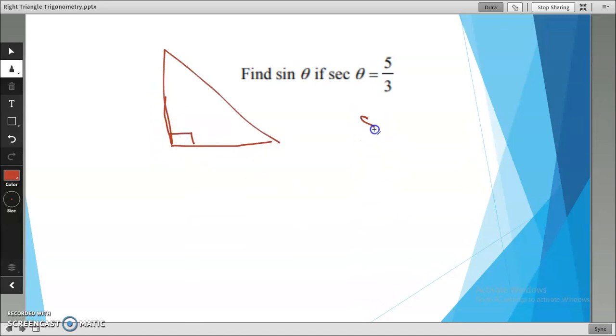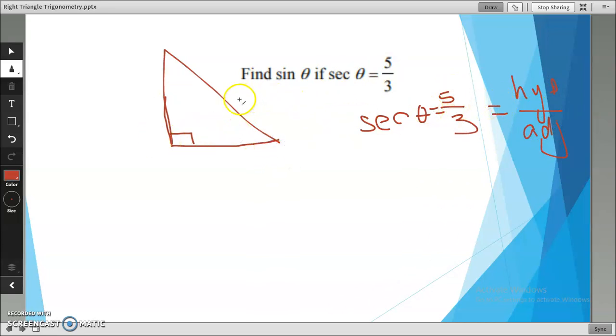So secant is equal to 5 over 3. And if you recall, secant is just the reciprocal of cosine. So that really means that I have the hypotenuse over the adjacent side. So let's draw that on our triangle here.